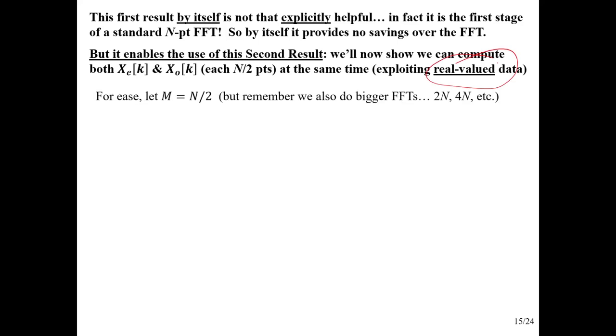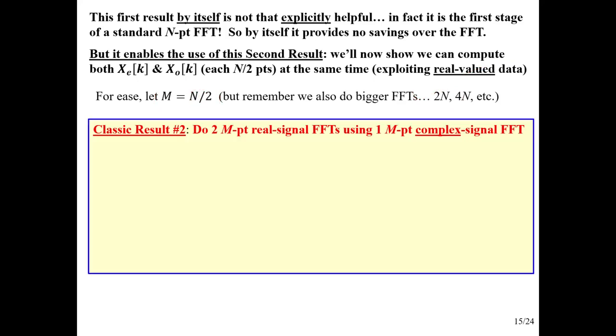So let's just say, for convenience, we're talking about N over 2 point DFTs. Let's just call that size M. But remember, we're really going to be doing FFTs of size N and 2N and 4N. So if we were doing 2N, then M would be equal to N and so forth. But if we can do it for this case, we can do it for the other cases as well. All right, so here's our classic result.